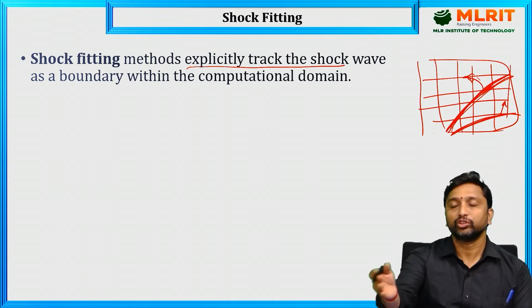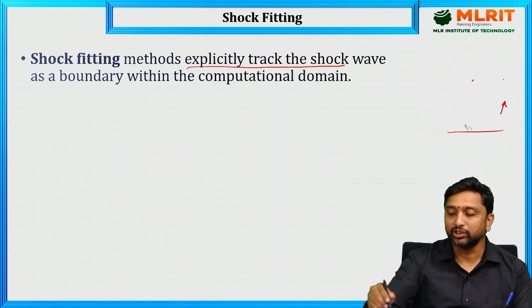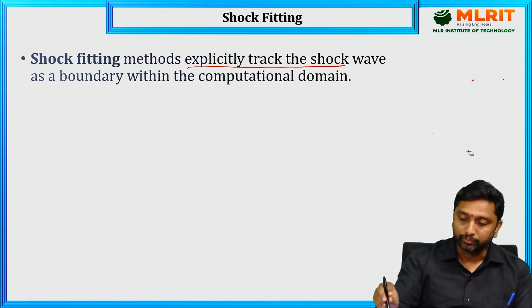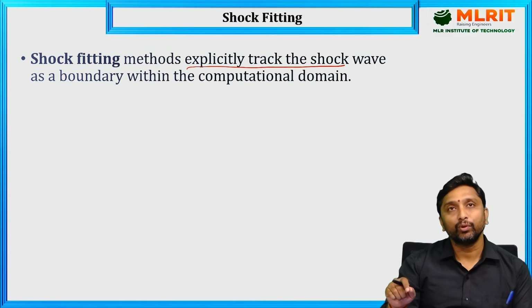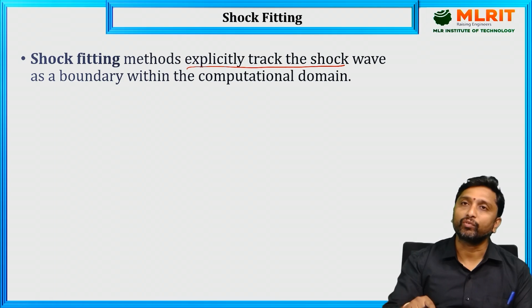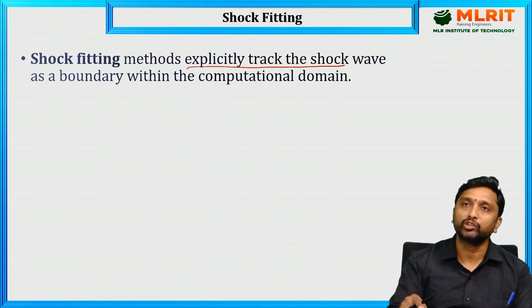It will ignore the rest of the domain, unlike the previous case. In the previous case, it considered the complete domain and calculated for all of it. Now it considers only the object and the flow condition. Based upon the flow condition, it will first predict the shock wave formation, the nature of the shock wave and its location. Based upon that, it will now decide the boundaries of the domain.